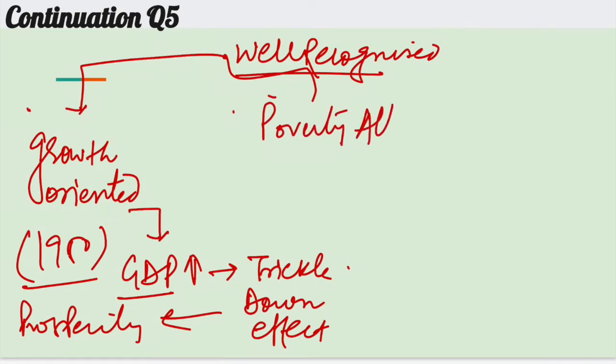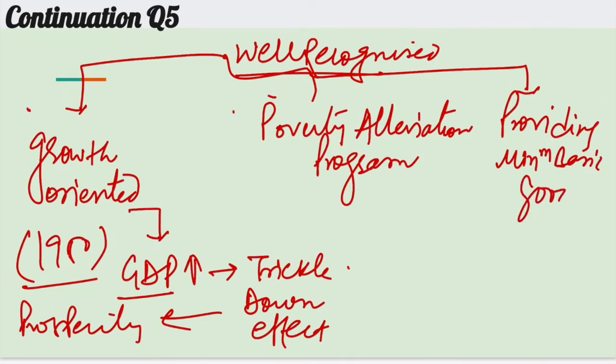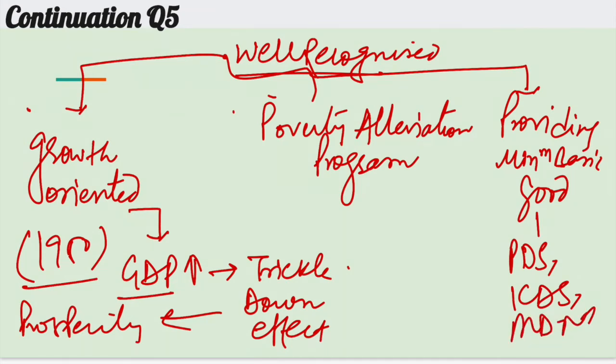Second is poverty alleviation programs. And the third is basically with respect to providing minimum basic goods. The examples here are PDS, ICDS, and the midday meal scheme.